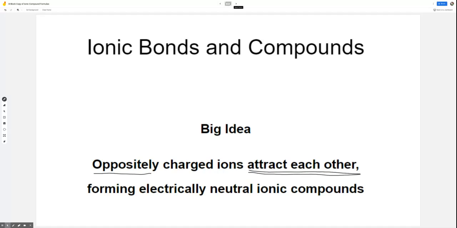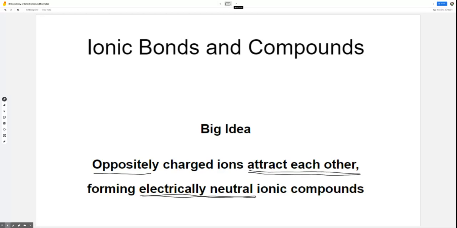What we're going to work on today is a really important part of this process, which is that the compound, once those ions get together and form those bonds, overall has to be neutral. Just by way of example, if you have ever cooked and had a pinch of salt or spilled salt and wiped it up, you don't get a shock when you touch salt.